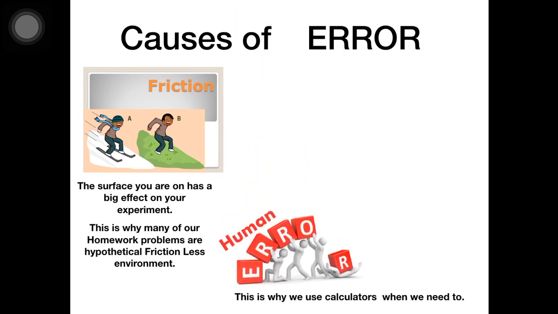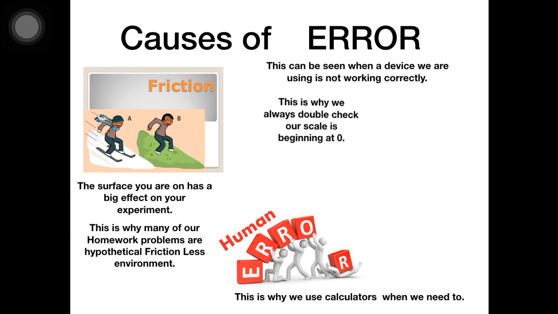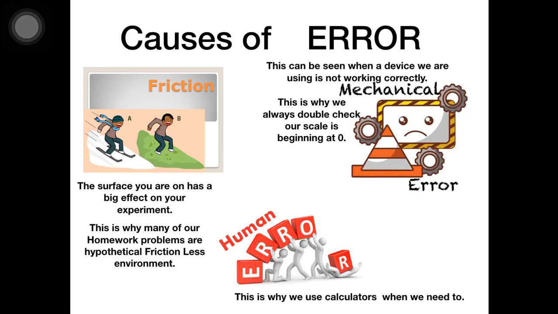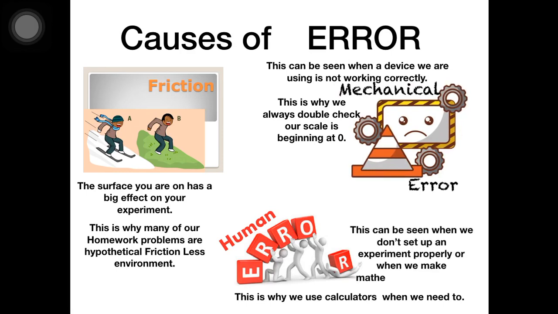All right, the next error is human error. And let me get the slide. It's a little out of order here. Human error. This can be seen when we don't set up an experiment properly, or when we make mathematical mistakes.